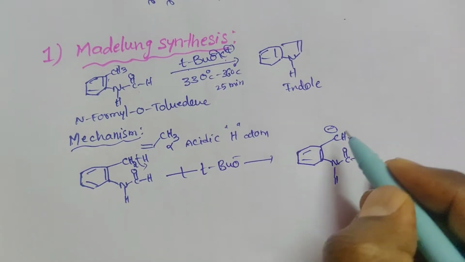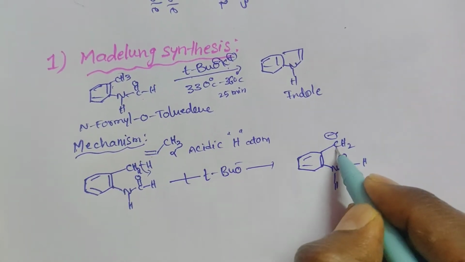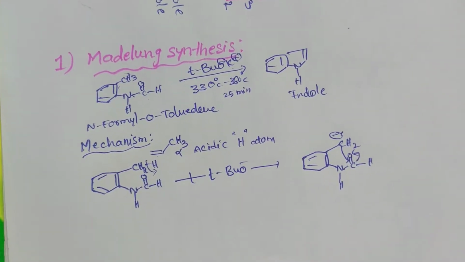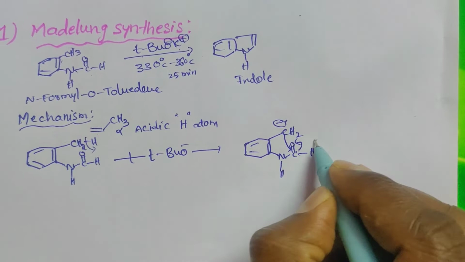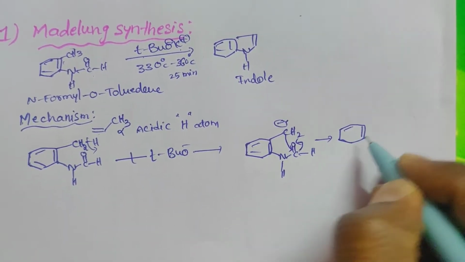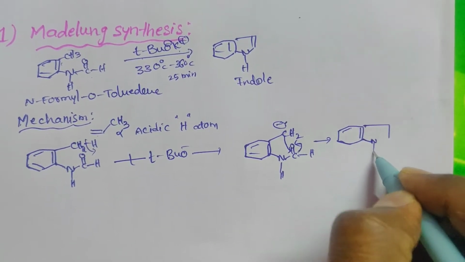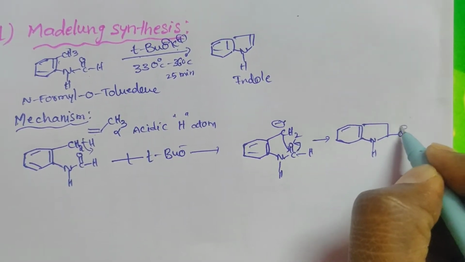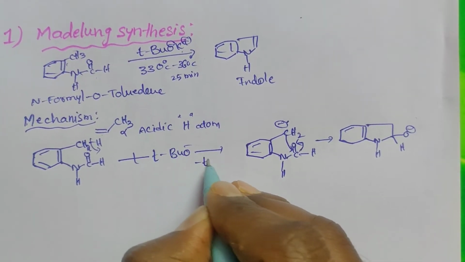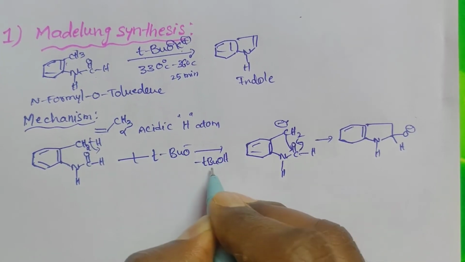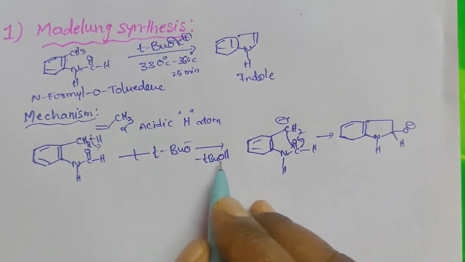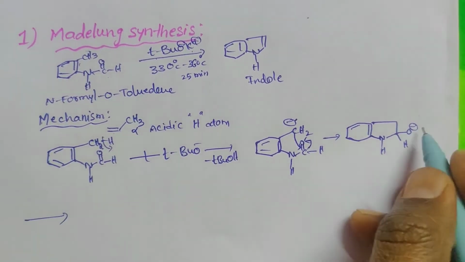Now this carbanion attacks on this carbonyl group, and as a result cyclization takes place. O minus and H. So this tertiary butoxide goes as tertiary butyl alcohol. So this oxide abstracts the hydrogen from the tertiary butyl alcohol and changes into the hydroxy group.